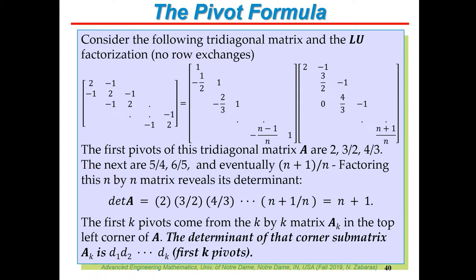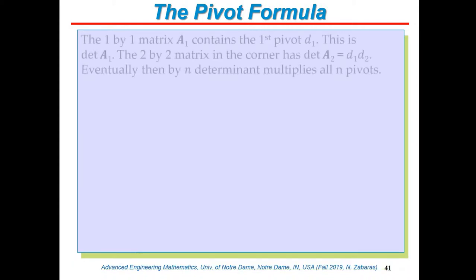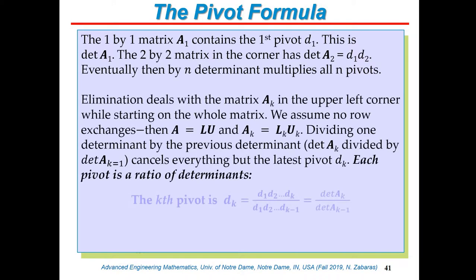So in general, if I can just go directly to the equation at the end of the slide, if you want to identify the kth pivot dk in terms of the determinants, literally it's nothing else but the determinant of the k by k matrix divided by the determinant of the k minus 1 times k minus 1 matrix.